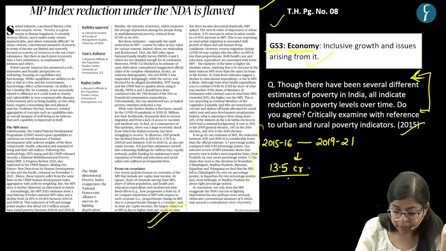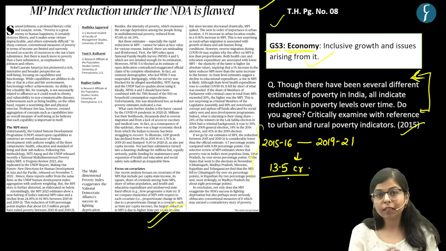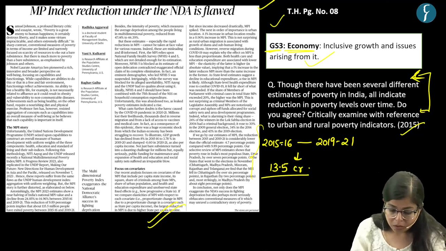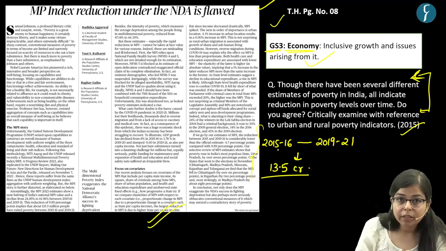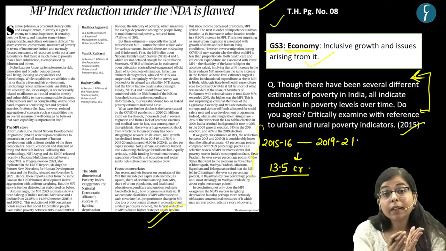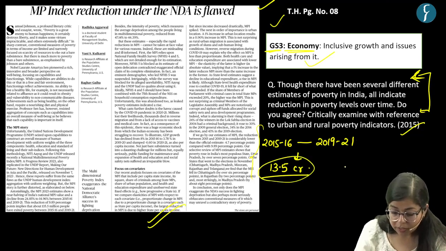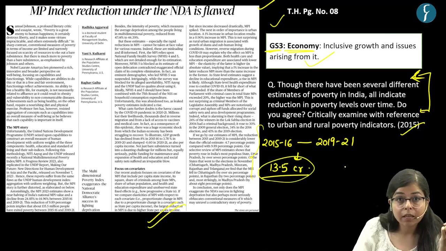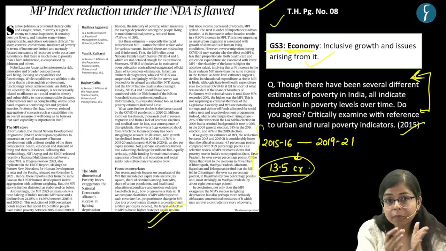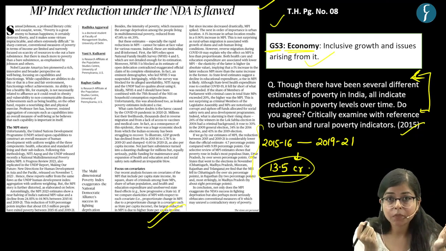Now, what were the findings of the latest edition of the Multidimensional Poverty Index? The findings showed that from the year 2015-2016 to the year 2019-2021, the multidimensional poverty in the country has reduced, and around 13.5 crore people in the country have come out from the grips of multidimensional poverty, right?